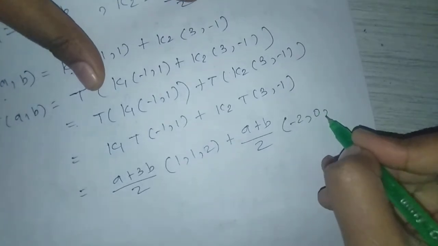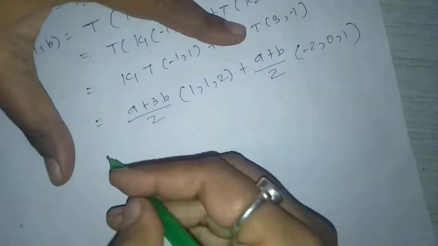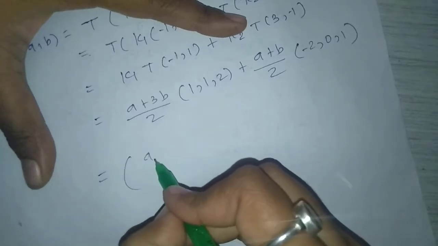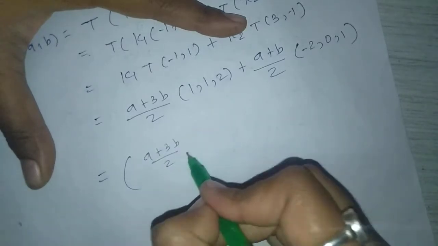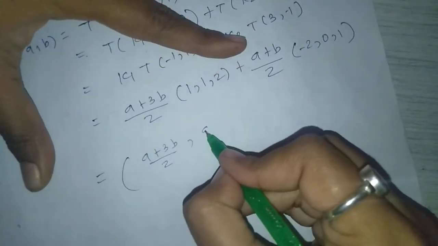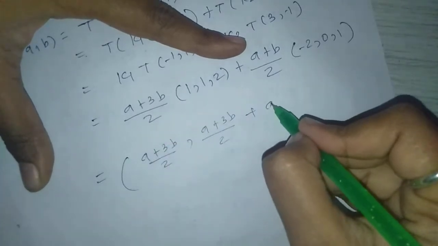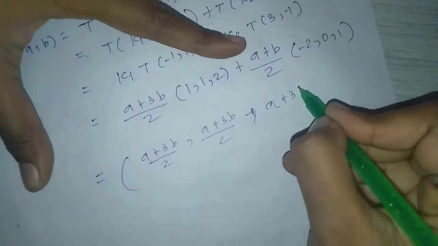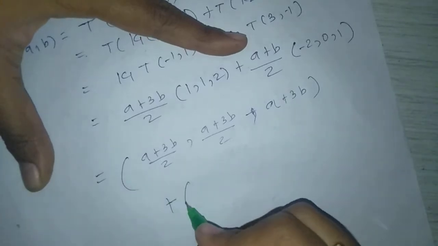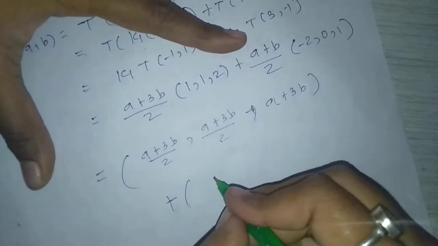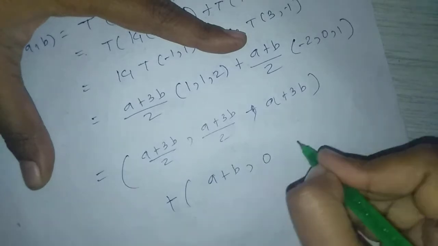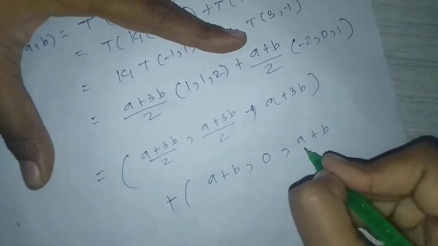Now add these two, we get (a plus 3b) upon 2 plus 2 times... the terms cancel: a plus 3b minus 2(a plus b) gives minus a plus b, then upon 2.